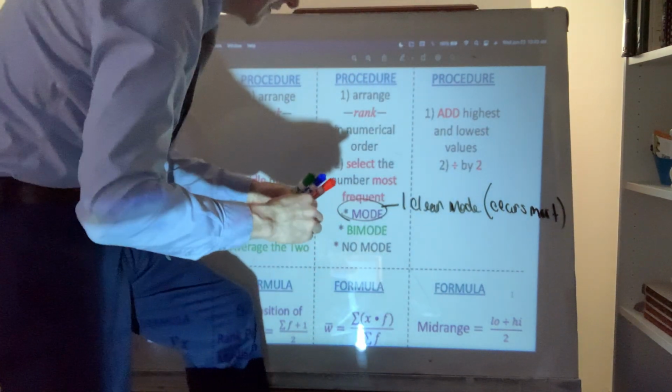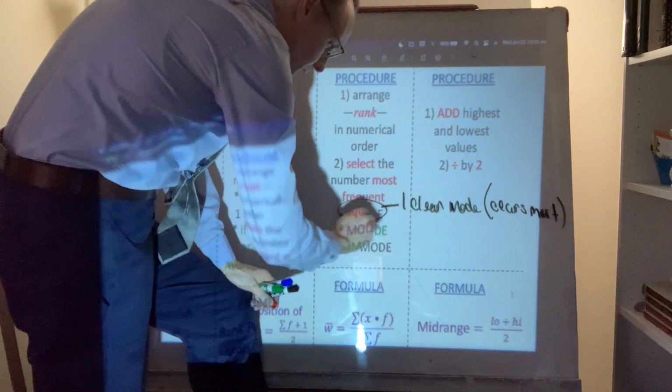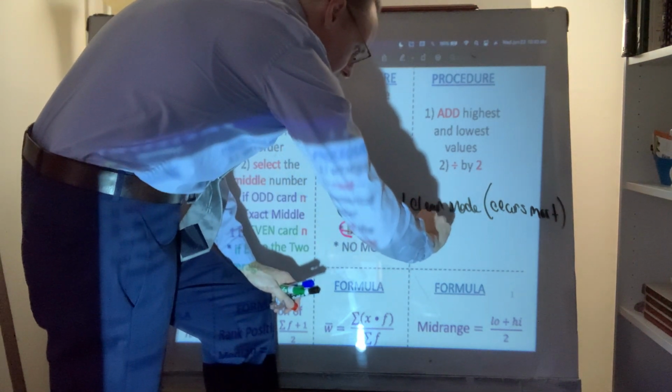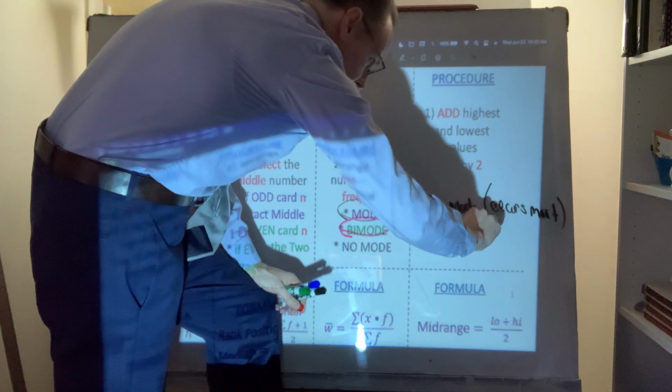All right. Then in theory there is the possibility where you have a bimode, which is that you have 2 values that occur the same amount.